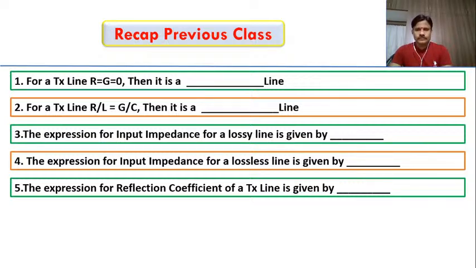Third one: the expression for input impedance for a lossy line is given by dash. Fourth one: the expression for input impedance for a lossless line is given by dash. And fifth one: the expression for reflection coefficient of a transmission line is given by dash. Now we will see the answers one by one.